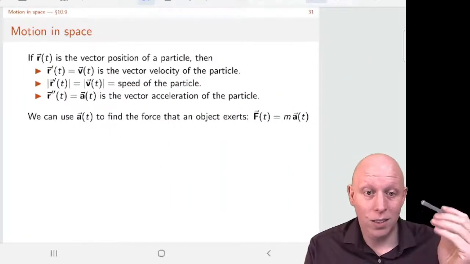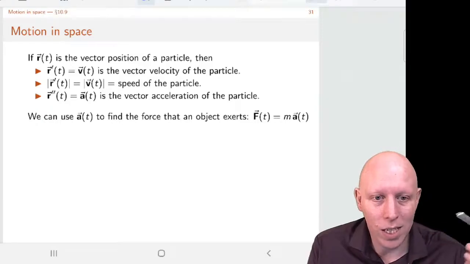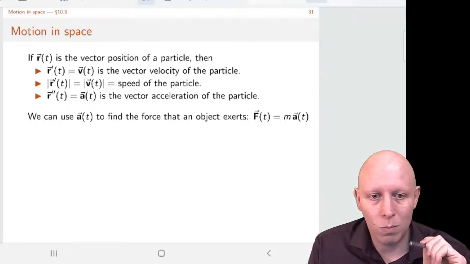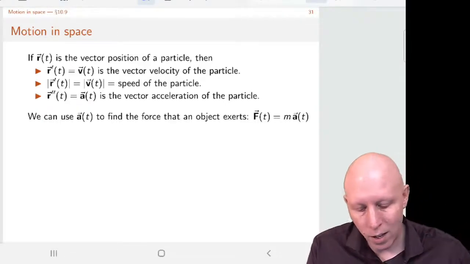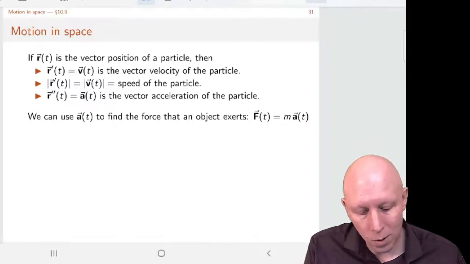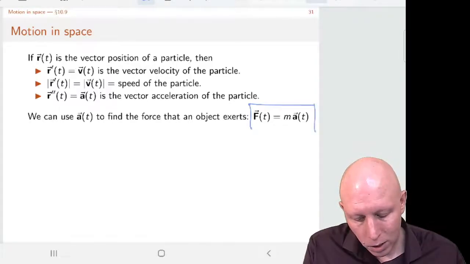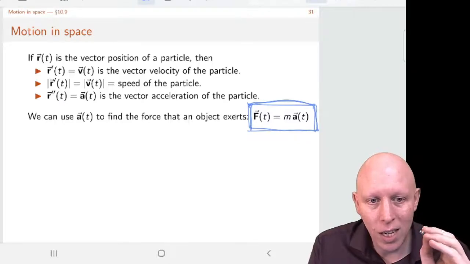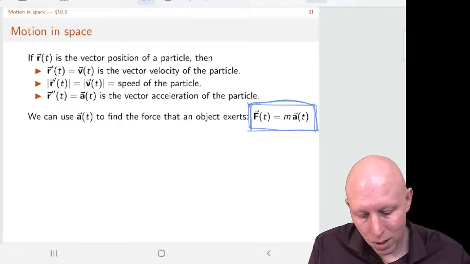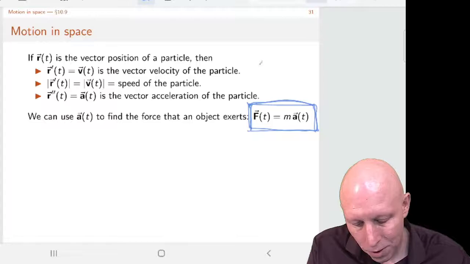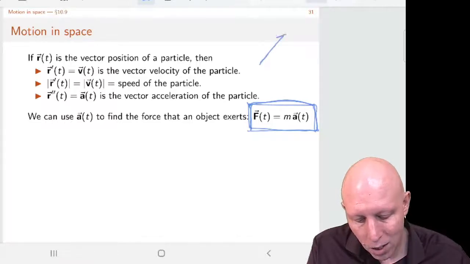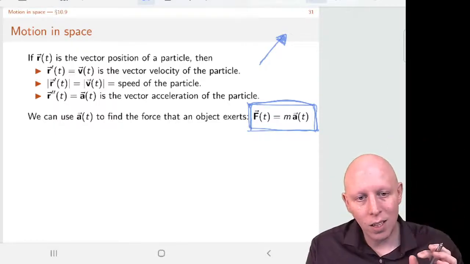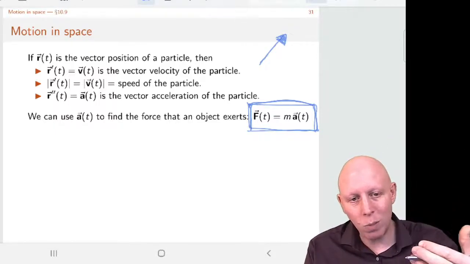And indeed, one of these ideas from physics is that force equals mass times acceleration, and that equation is actually a vector idea. If there's a force acting on some mass, then you're accelerating the mass. And by accelerate, we could be decelerating.